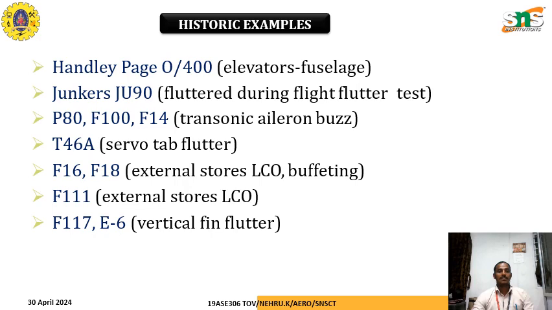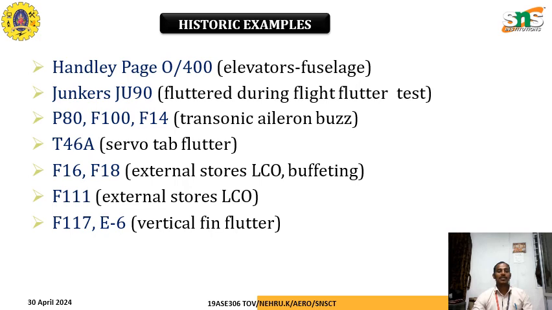As examples of aeroelastic phenomena, the Handley Page O/400 elevator fuselage helps in understanding aeroelastic phenomena. The Junkers JU-90 fluttered during a flight flutter test. The P-80, F-100, F-14 showed aeroelastic flutter during transonic aerofoil buzz.